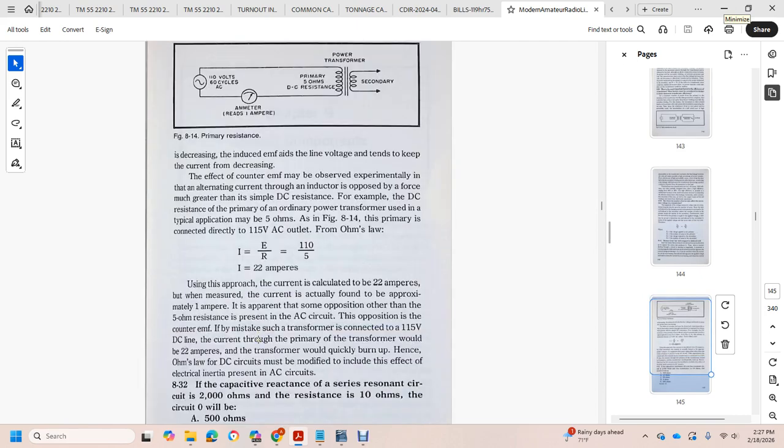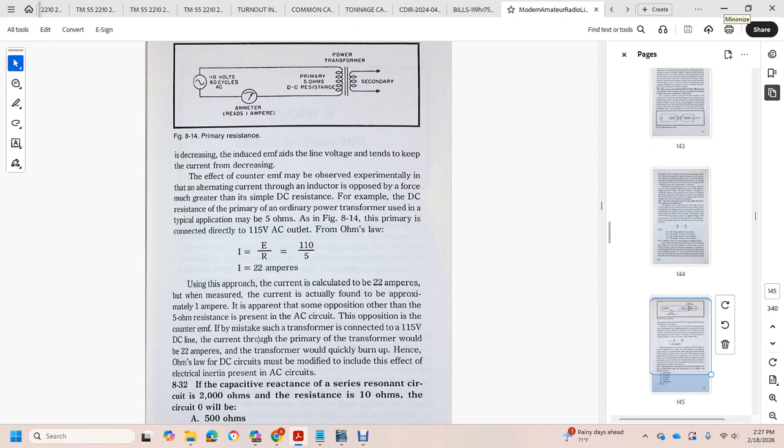The counter EMF may be observed experimentally with alternating current through an inductor. Consider a simple DC resistance of the primary of an ordinary power transformer in typical application, which may be 5 ohms. In figure 814, the primary is connected to a 115 volt AC source. From Ohm's law, the amperage is equal to the voltage over the resistance, which is 115 over 5, so the amperage is 23. Using this approach, the current is calculated as about 22 amperes, but the measured current is actually found to be approximately 1 ampere.